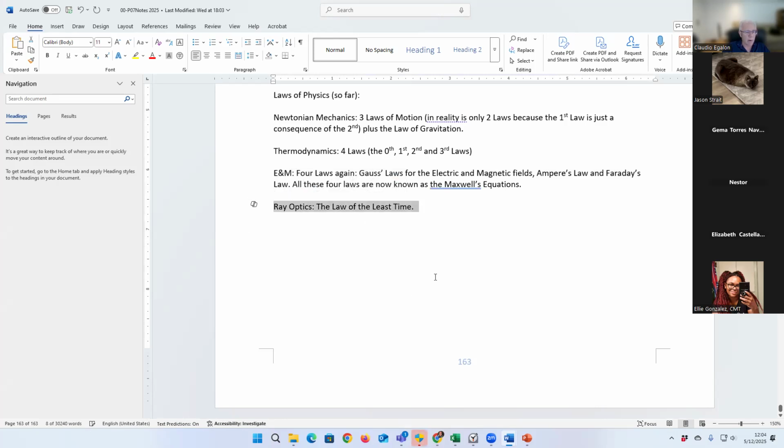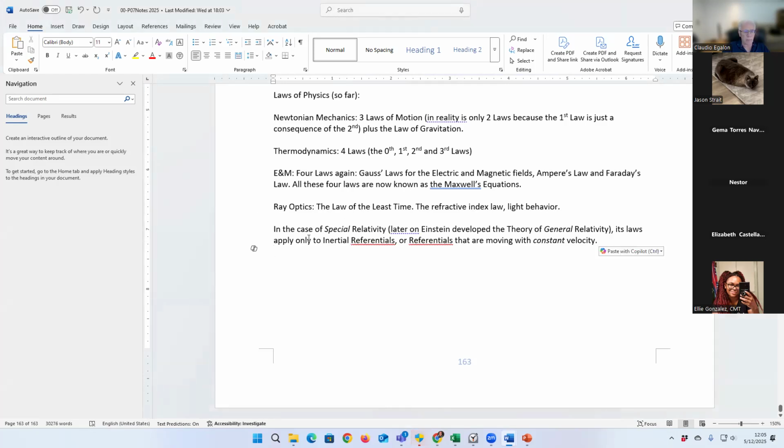We talked about ray optics, the laws of ray optics: the law of least time, the refractive index law, and another one, the light ray behavior. And now we're going to see two more laws that were formulated by Einstein in his special theory of relativity.